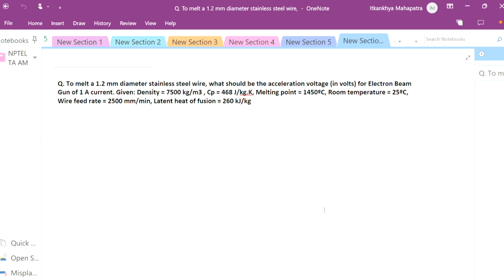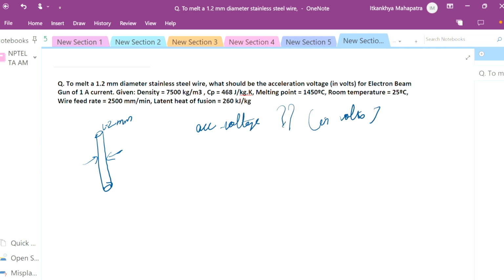Here we have been given a wire which has a diameter of 1.2 mm, and we have been asked to calculate the acceleration voltage in volts. We have been given current as 1 ampere, and the rest of the things are also given, like density, Cp, melting point, room temperature, wire feed rate, latent heat of fusion. Now we know power is equal to voltage into current.